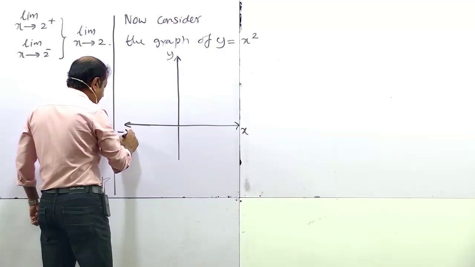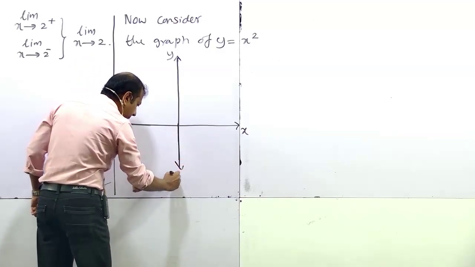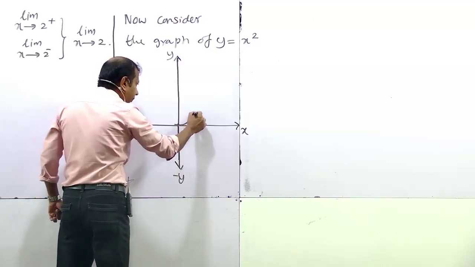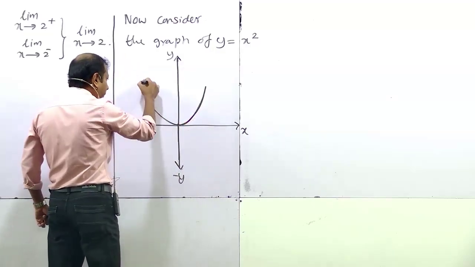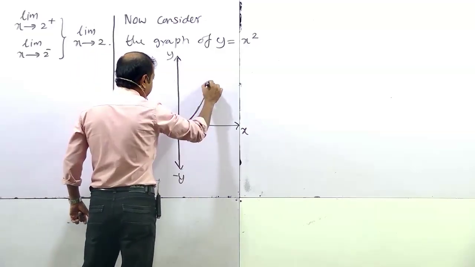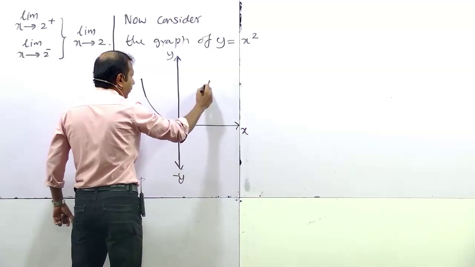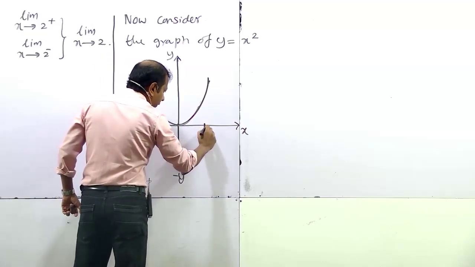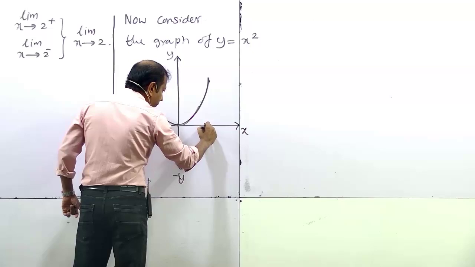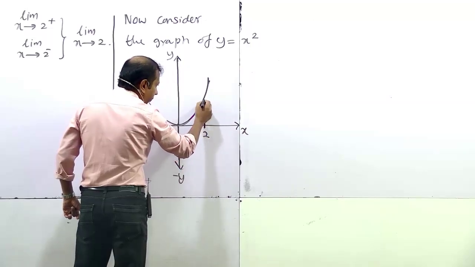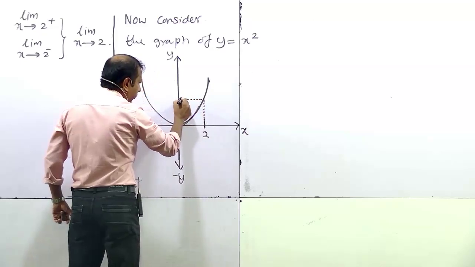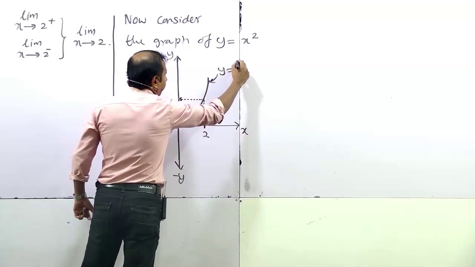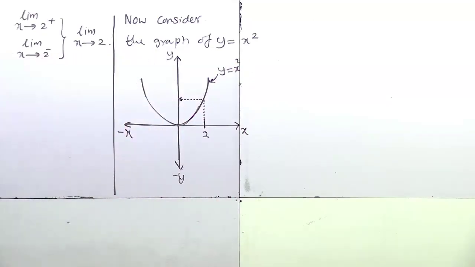You know the graph of y equals x squared. I'll take here x equals 2.